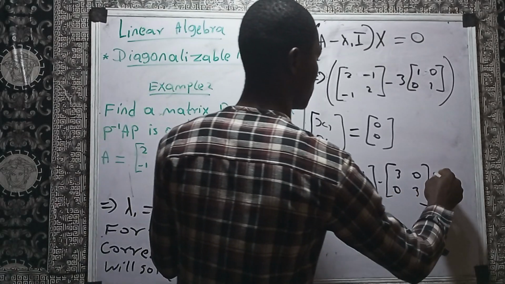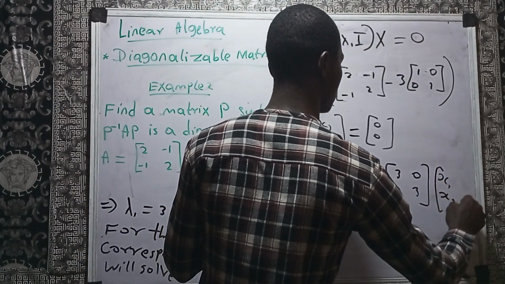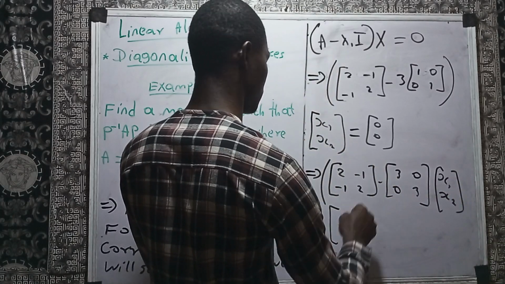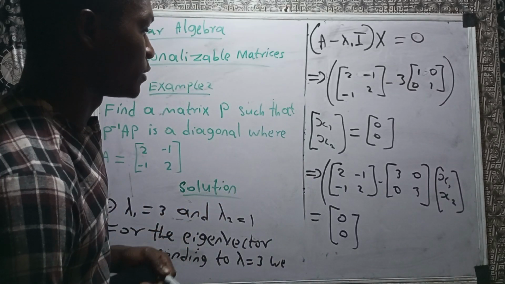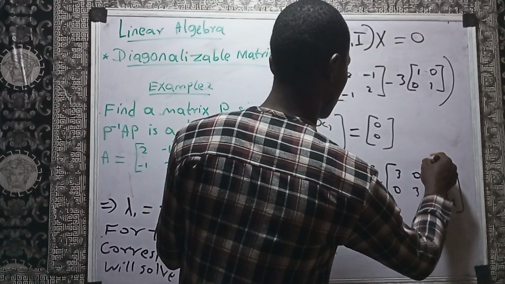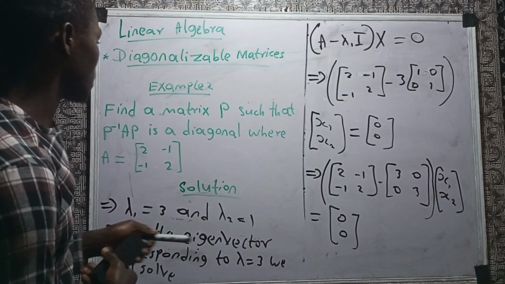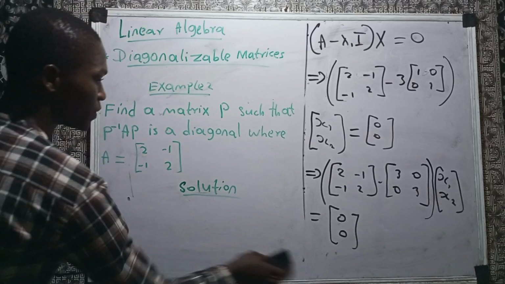Then you have your column vector, equated to the 0 matrix. So this is basically what we have. So what we are going to do, we are going to continue the solving here because there is no space there.